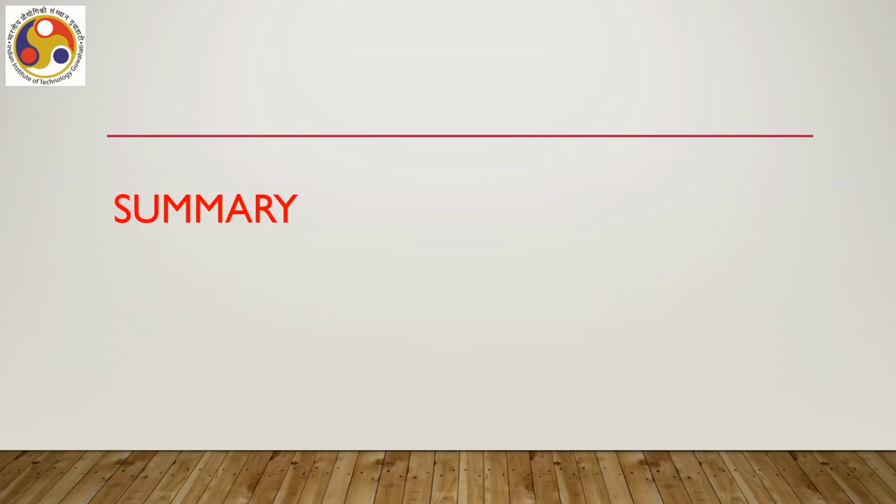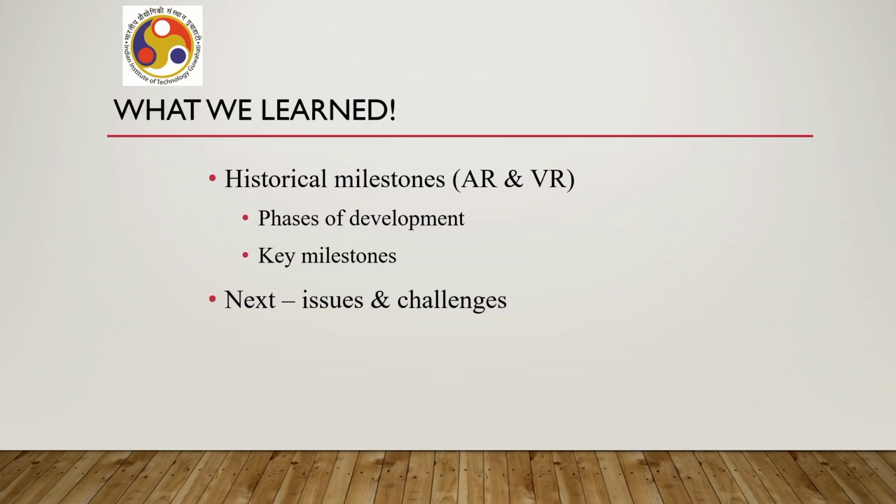So, with that we have come to the end of this lecture. What we covered so far? We covered historical milestones for both AR and VR. VR milestones we discussed in the previous part of the lecture. We saw that there were four distinct phases of evolution in VR.